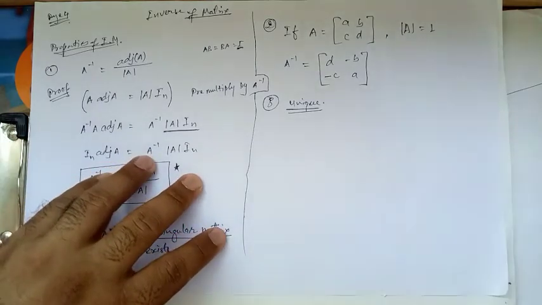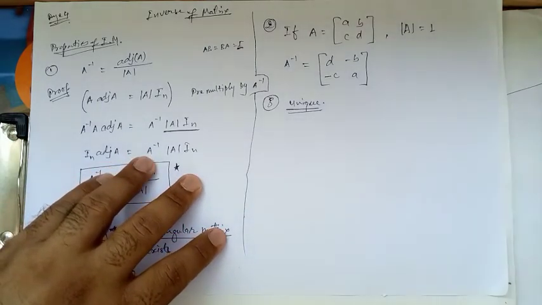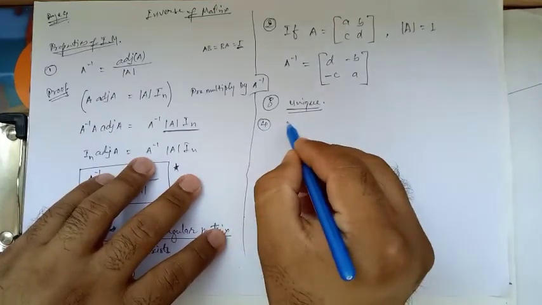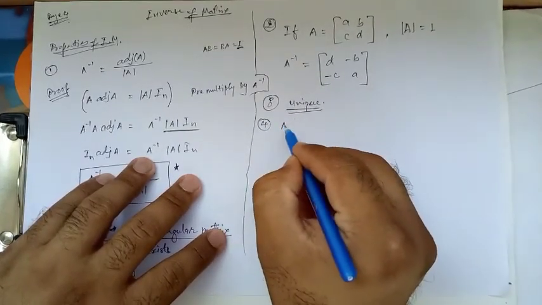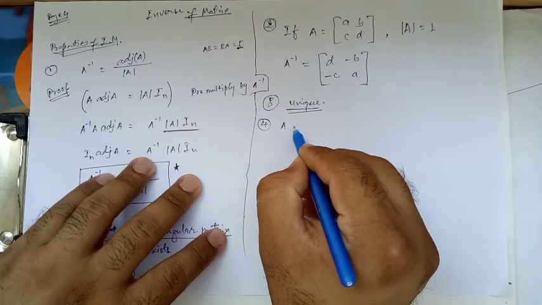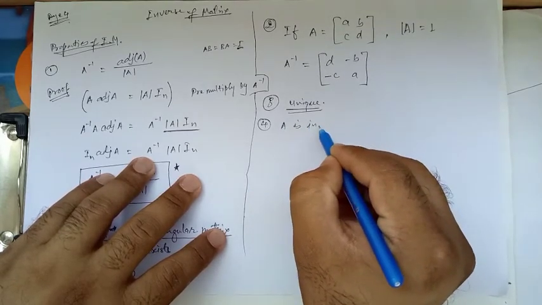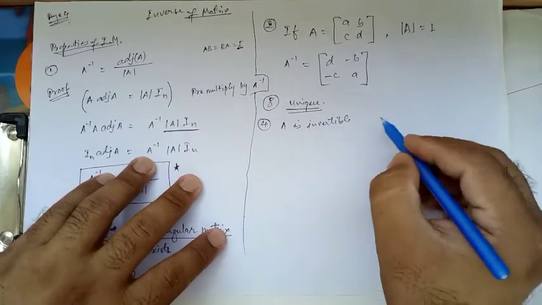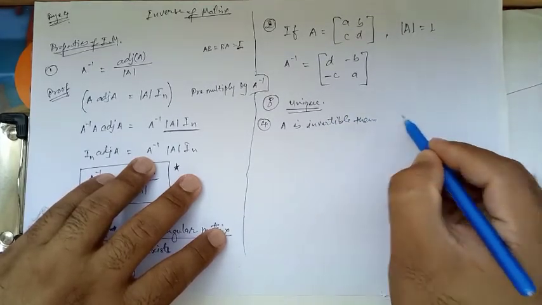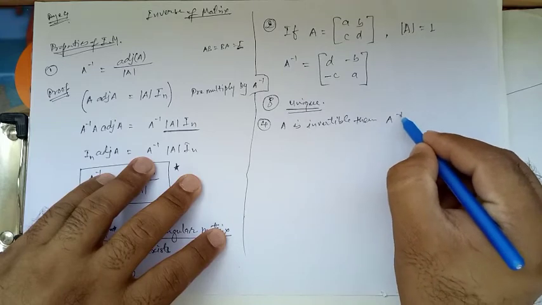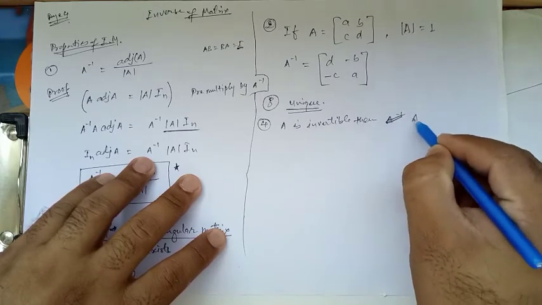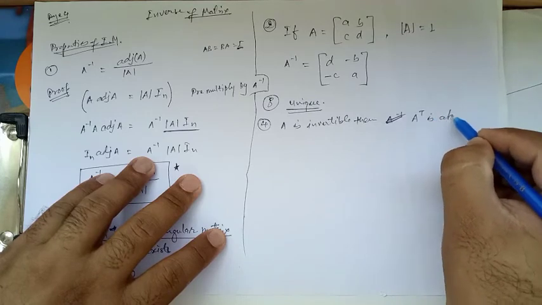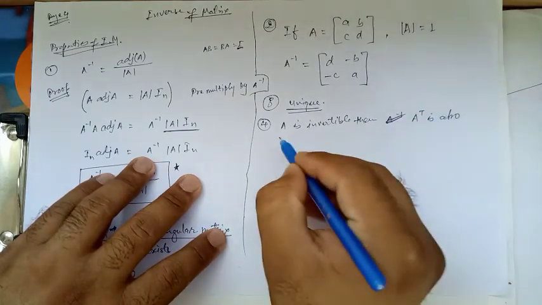Fourth one: if A is invertible, then A transpose is also invertible.